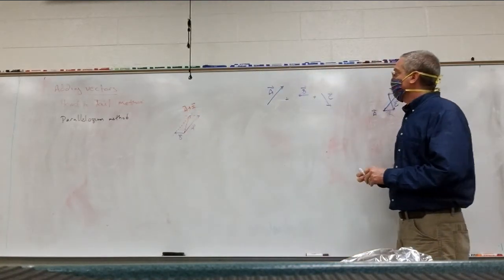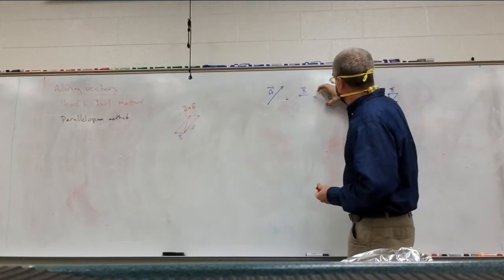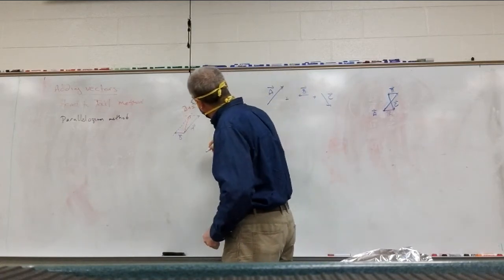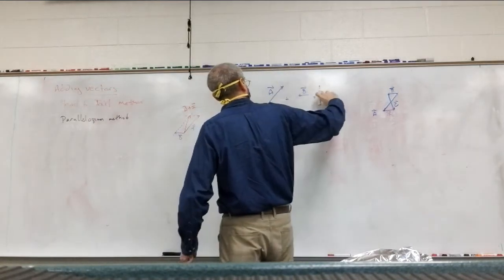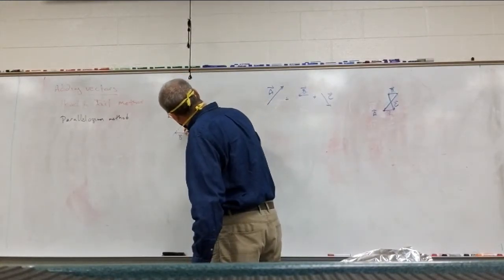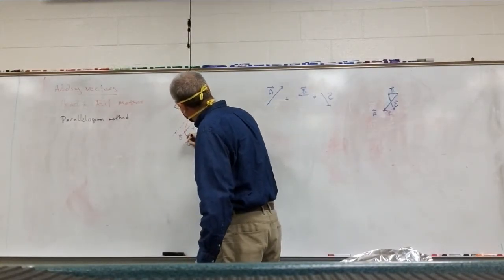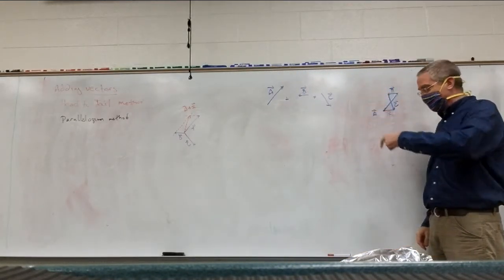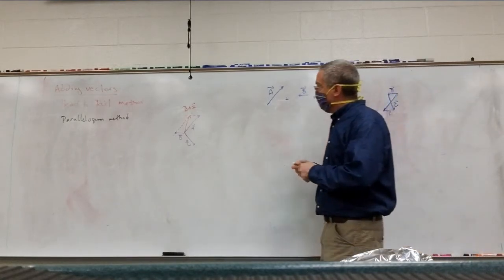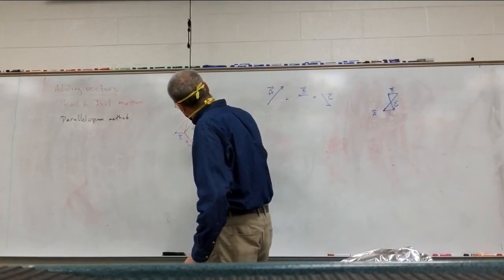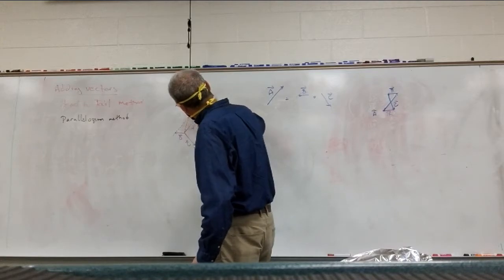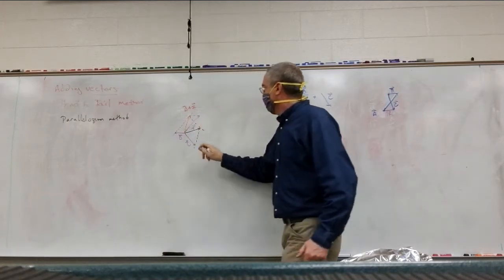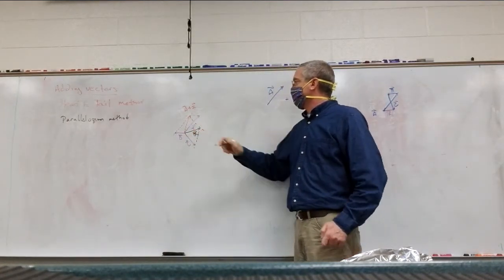And now we're going to add C. Well, C is down and to the right. Lost it. That's not okay. So now I do a parallelogram between my A plus B and C. So that parallelogram is going to look a little bit like this, and so that is the final resultant right there.